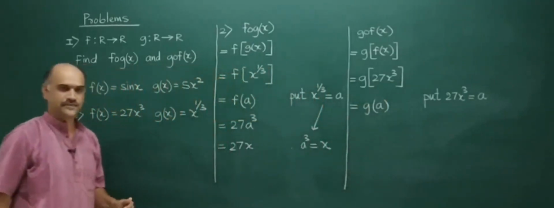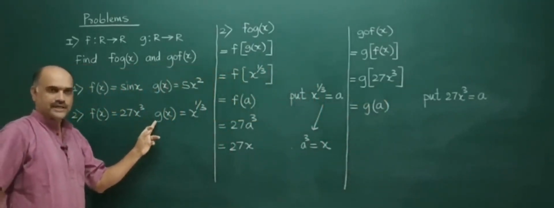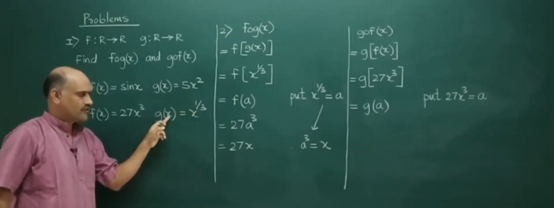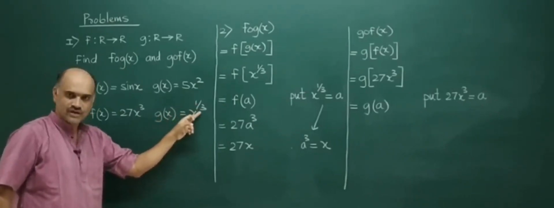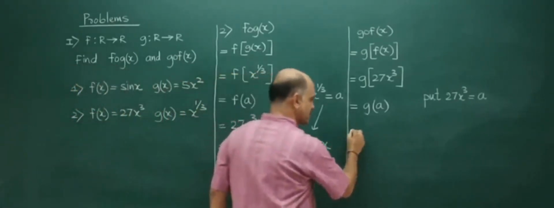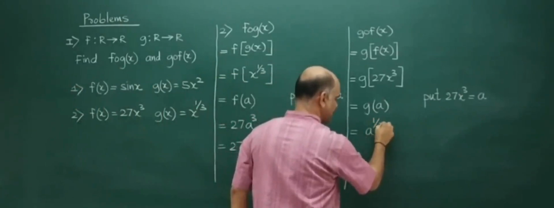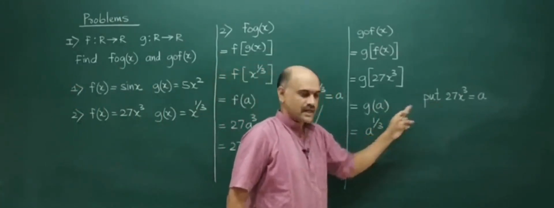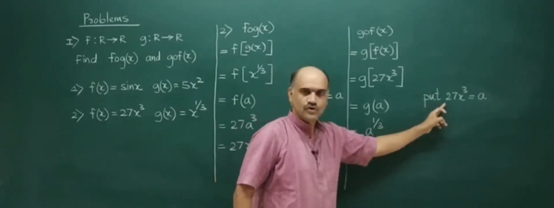Again over here, g of x is x raised to 1 by 3. So g of a will be a raised to 1 by 3, which means cube root of a.